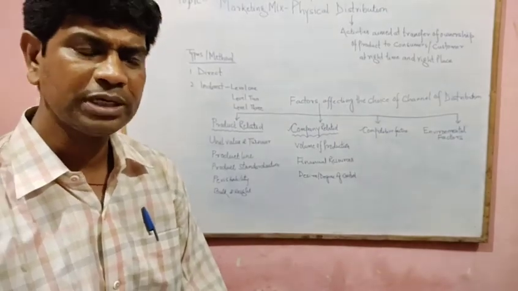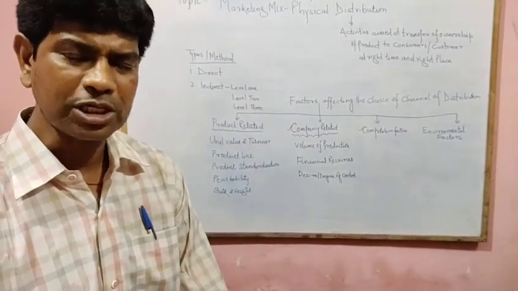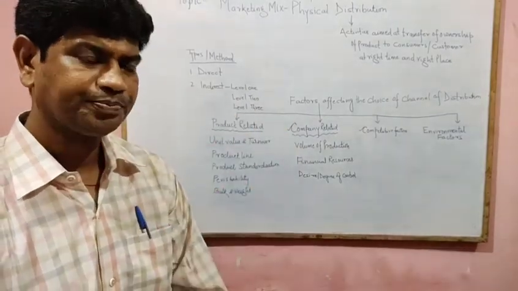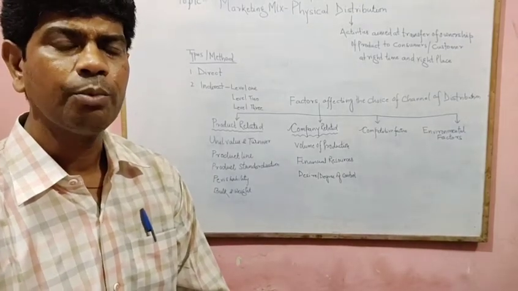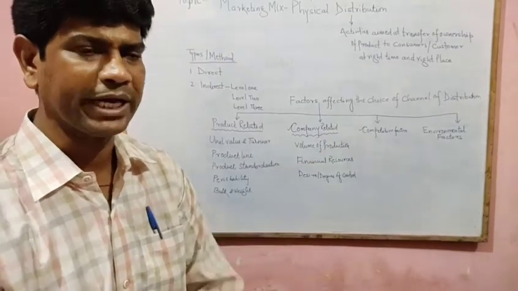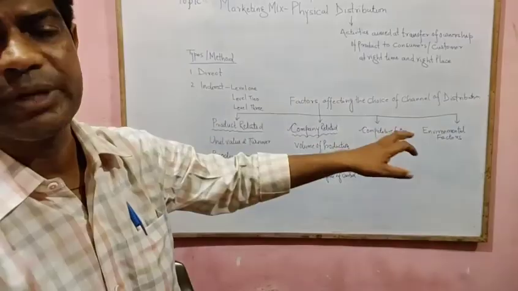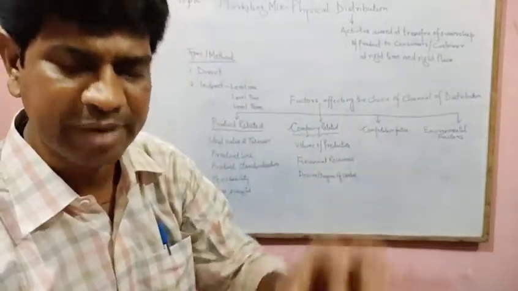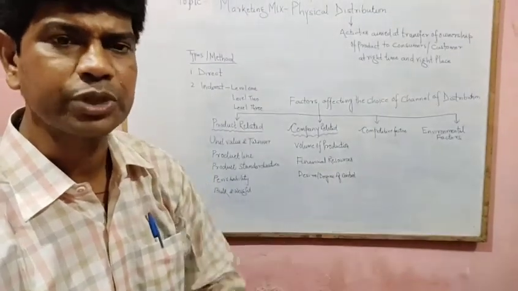We generally know that when goods are produced in bulk, the cost of production per unit tends to be very low. So in such a case, when the unit cost of a good is lower, we can prefer an indirect channel. Indirect channel means that there can be involvement of intermediaries, agents, salesmen in between in the channel of distribution.